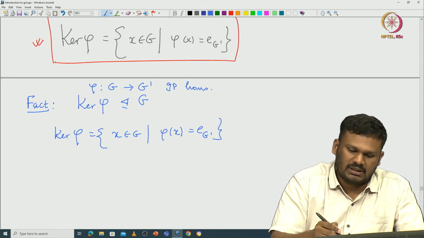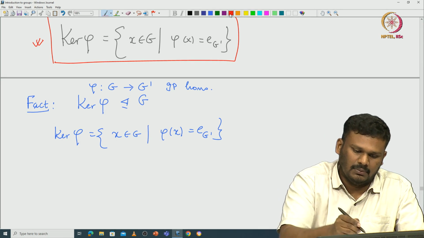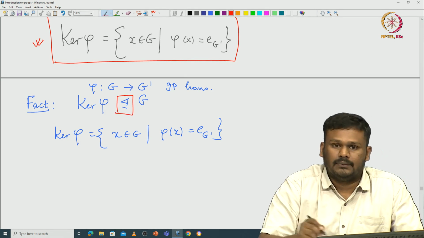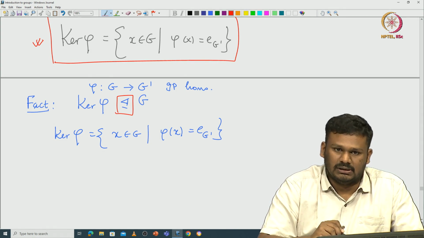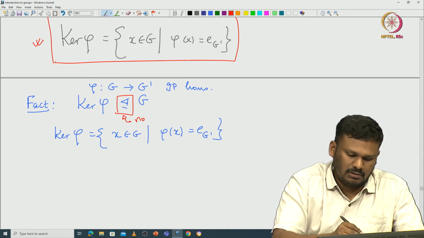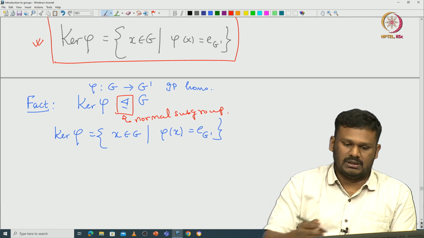Normal subgroups are denoted by this symbol, the tilted triangle, which means normal subgroup. Let us see how one can prove this.